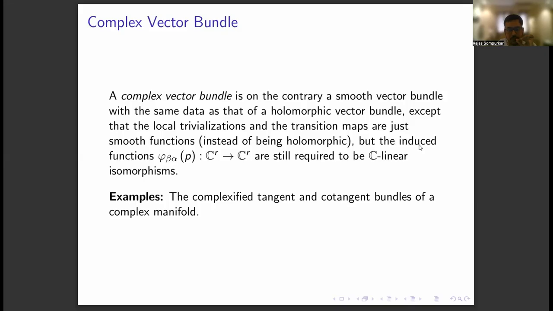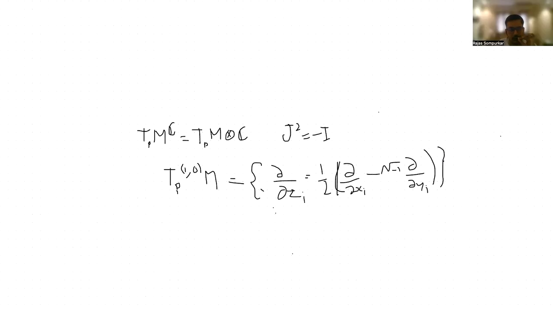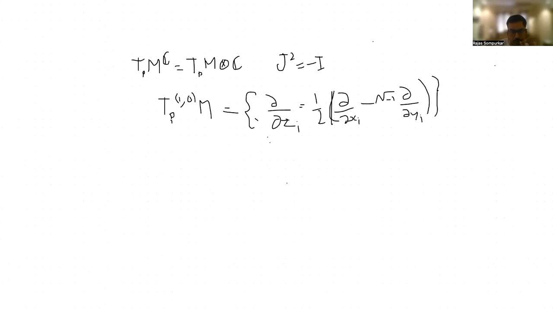So for example, the dual of a holomorphic vector bundle: every fiber of that vector bundle is going to be isomorphic to C^r.